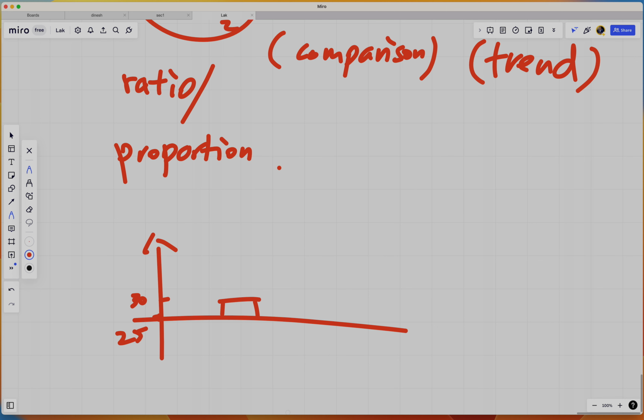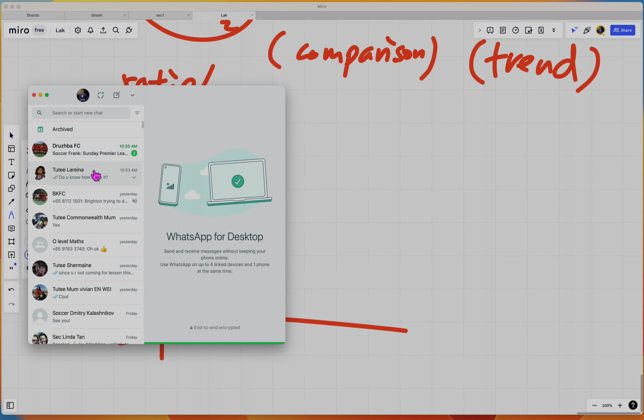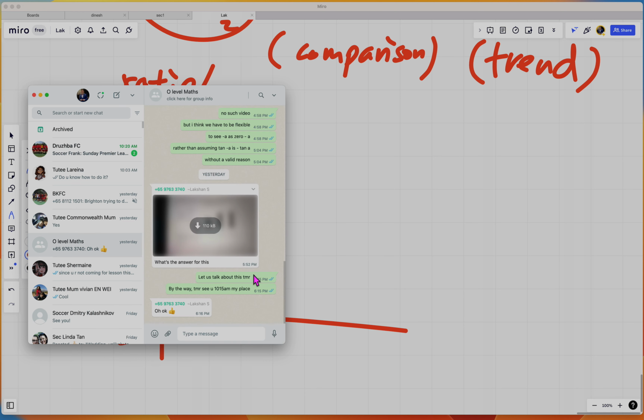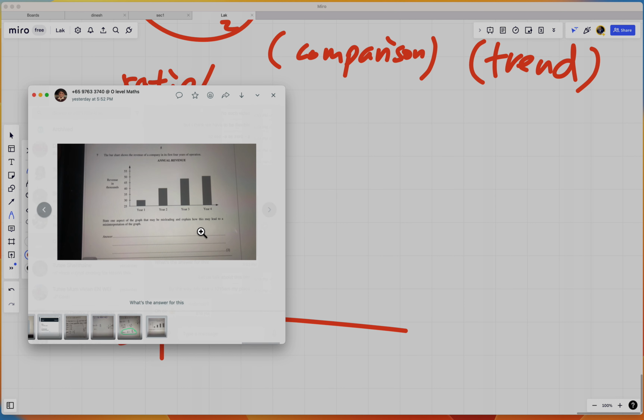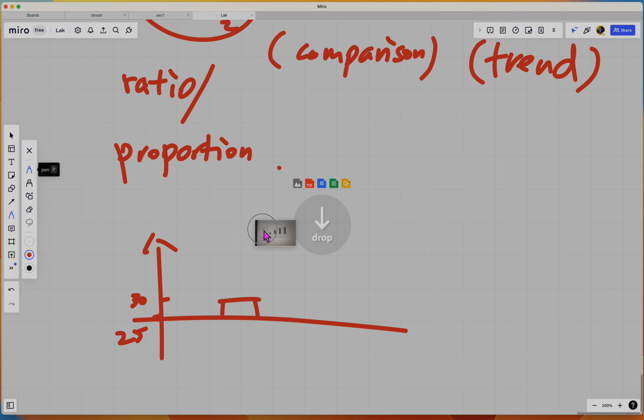So you can also state that it does not start from 0. So basically, what is misleading is maybe that this graph doesn't start from 0, it starts from 25. But of course, you can state other misleading features of this chart also.